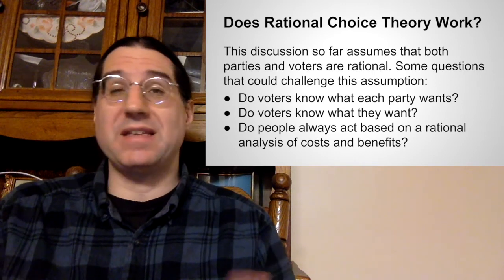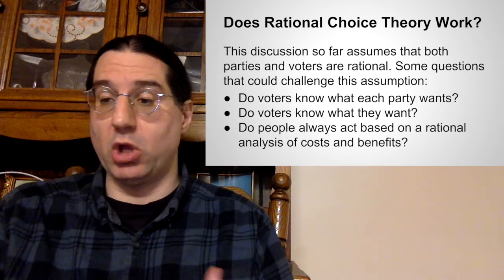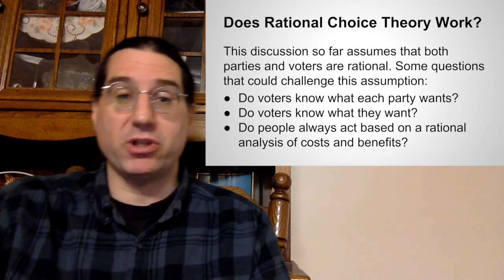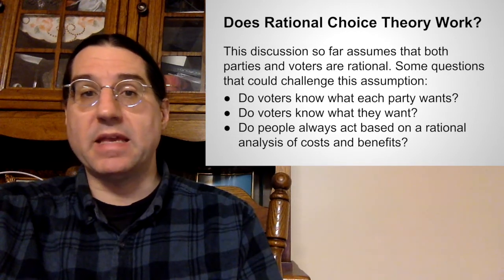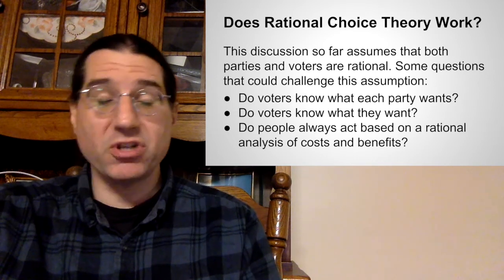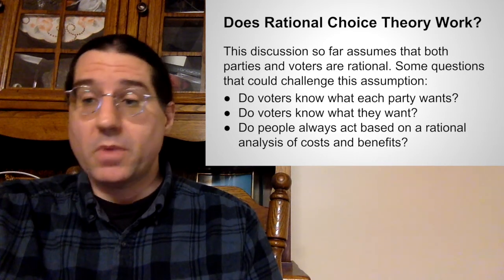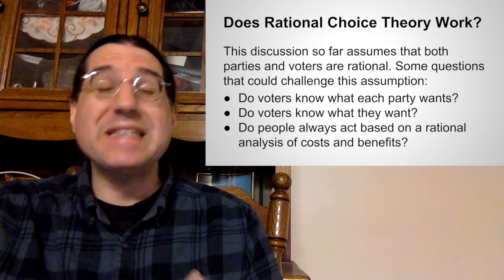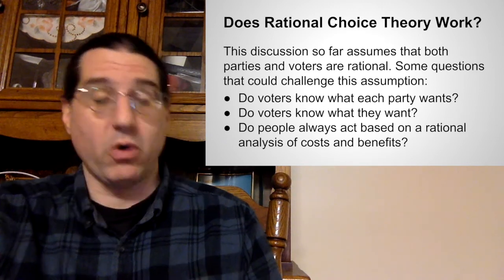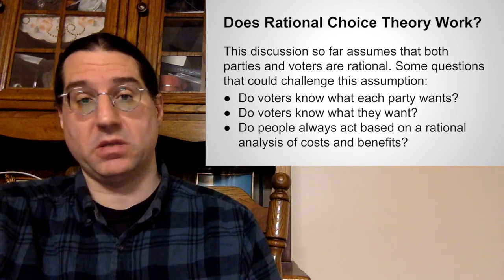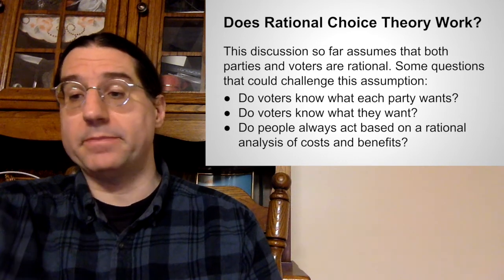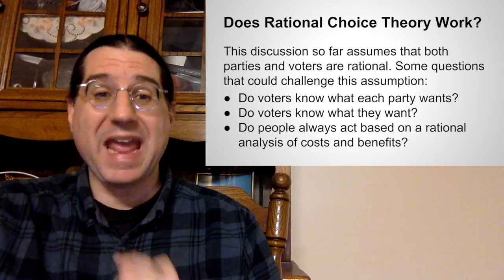Just a few things that might lead us to conclude that maybe rational choice theory doesn't explain everything is that, first of all, is it clear? Do the voters know exactly what the parties want? Do the voters always know what they want?